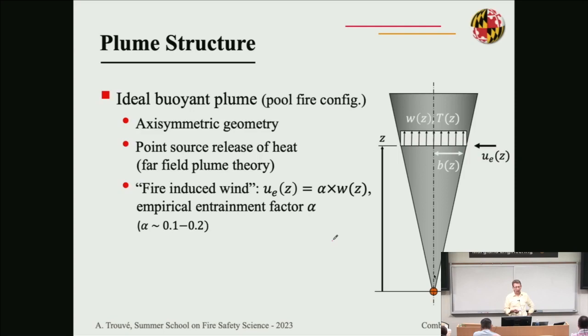And usually the starting point is a far field theory where your flame is considered as a point. So you are far from the flame. And you can look at the variations of these quantities, vertical velocity or temperature, as a function of elevation.